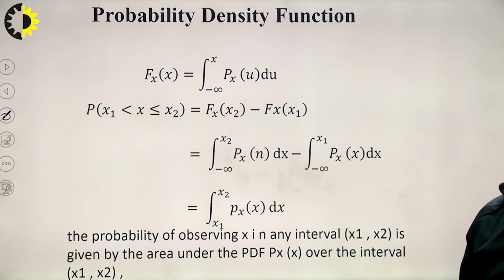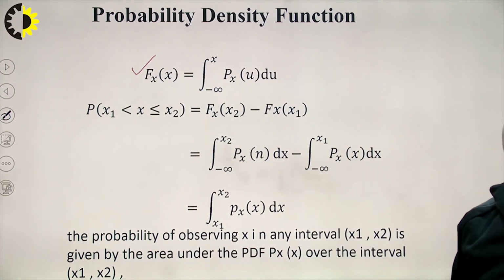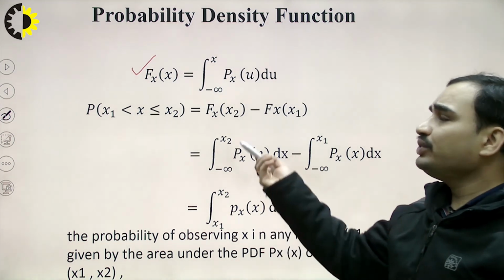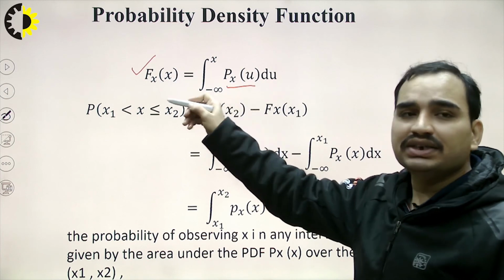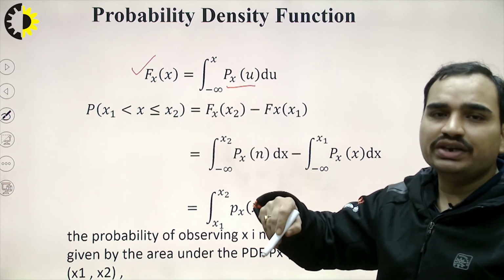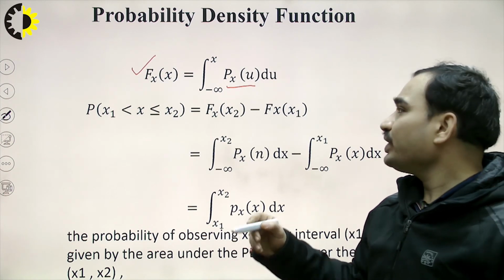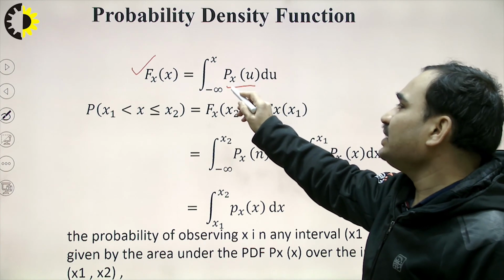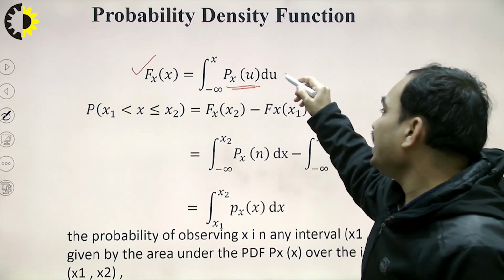If we have the PDF, we can calculate the CDF, so simply we have to integrate it. If we integrate the density function, we get the CDF. If we differentiate the cumulative distribution function, we get the PDF. Here we have written the integral from minus infinity to x of p of u du. This is the generalized case.